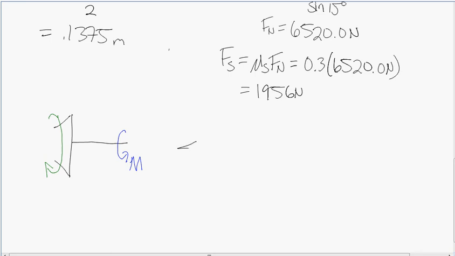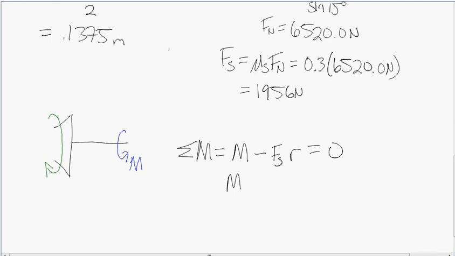So now we use the moment equilibrium equation. Sum of the moments equals the applied torque M minus the torque caused by the friction. So that is the total friction times the radius at which that friction acts.